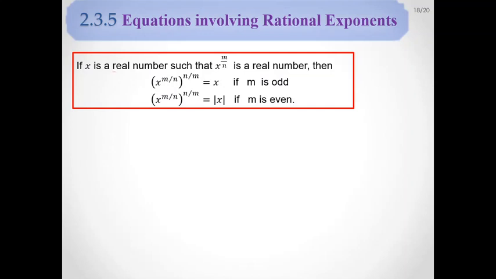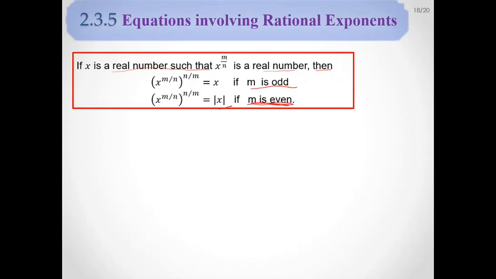If x is a real number such that x to the m over n power is a real number, then x to the m over n power, raised to the n over m power, is equal to x if m is odd, and it's equal to the absolute value of x if m is even.